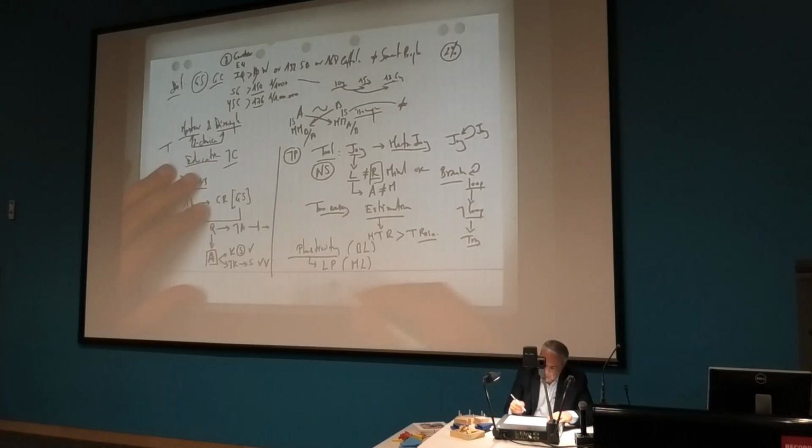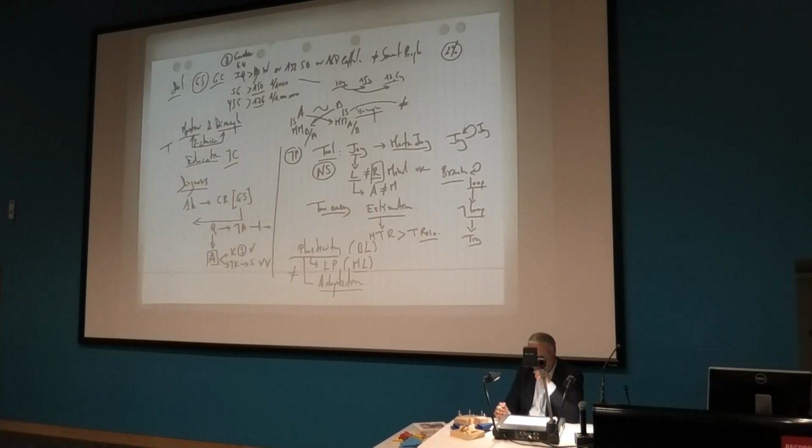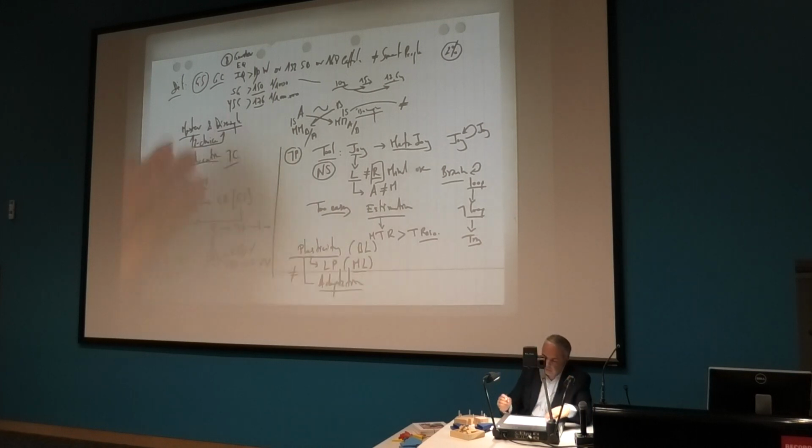So plasticity at the mental level is very difficult. Why? Because plasticity is not adaptation. Totally different. I adopt another behavior because I can do it, okay? So I see something and I avoid something.